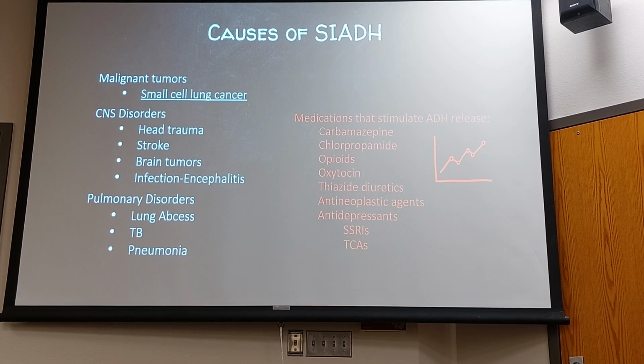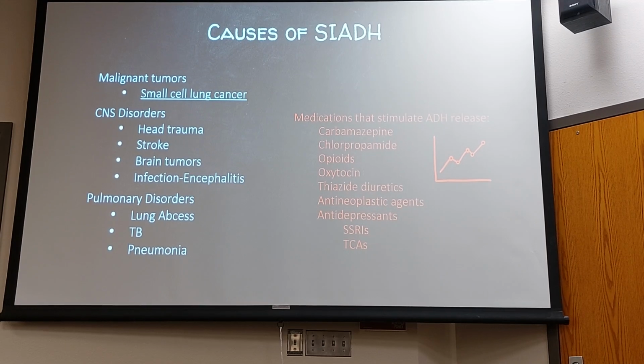Other issues: CNS disorders, trauma, stroke, brain tumors. It's causing pressure against that pituitary, on the posterior side, so it's going to cause more ADH to be secreted. So ADH goes up too high, and now we have syndrome of inappropriate antidiuretic hormone.